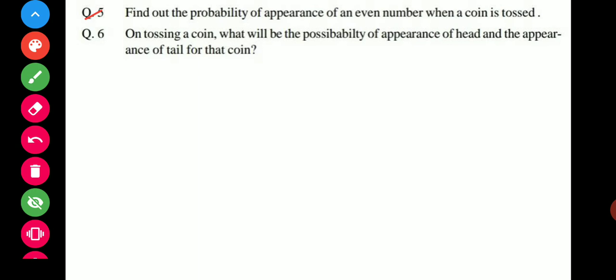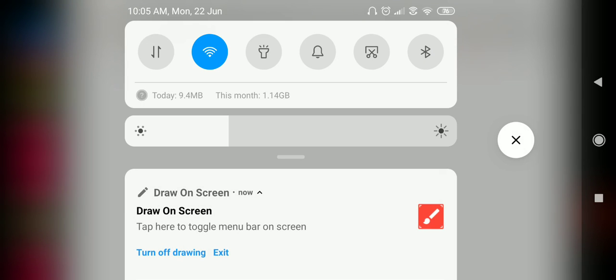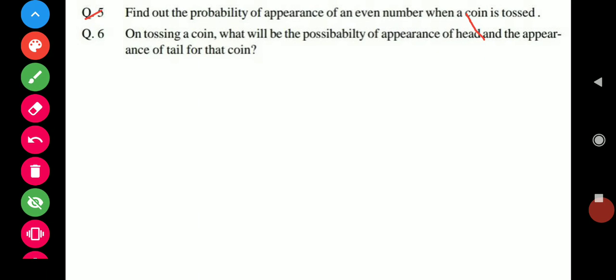This question is for your homework, so you can do it at home. Fifth question homework है आपका.